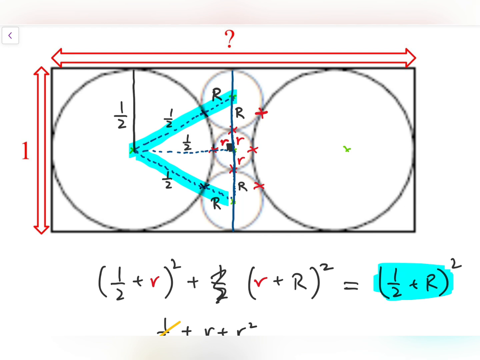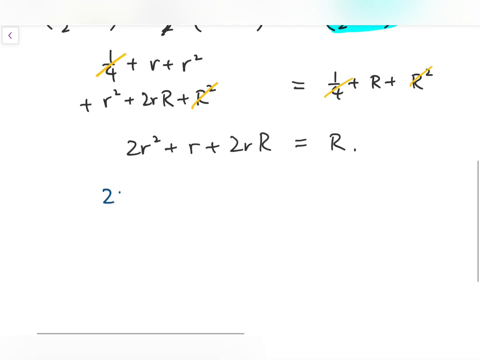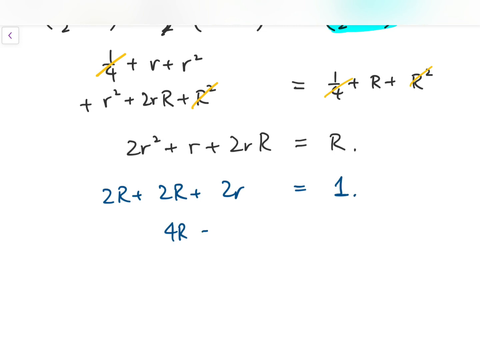Going through this blue line, we have actually passed through the diameter of the large circle twice and the diameter of the smaller circle. So that means the second equation is twice the diameter of the larger circle plus the diameter of the small circle is equal to 1. Now that means 4 big R plus 2 small r equals 1.